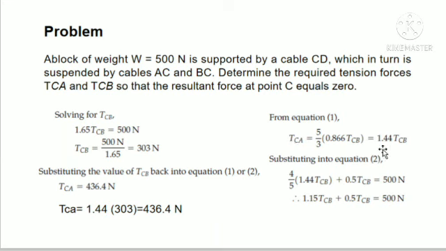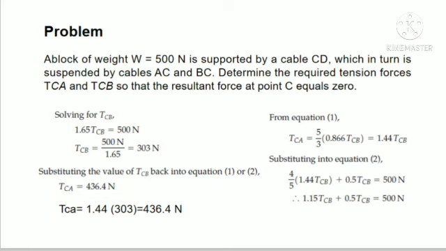TCA is equal to 1.44 times tension CB, and tension CB is 303. Just substitute. So with 303 Newton for tension CB, that is equal to 436.4 Newton.